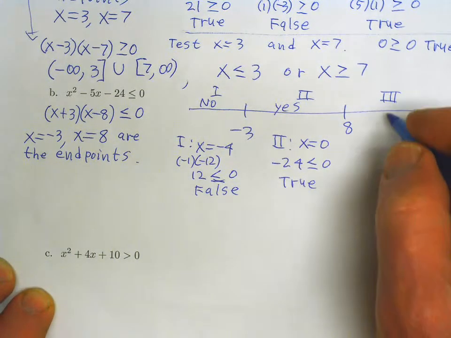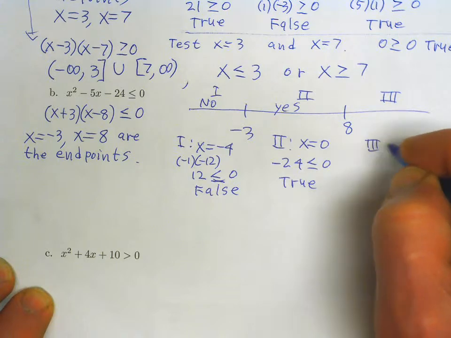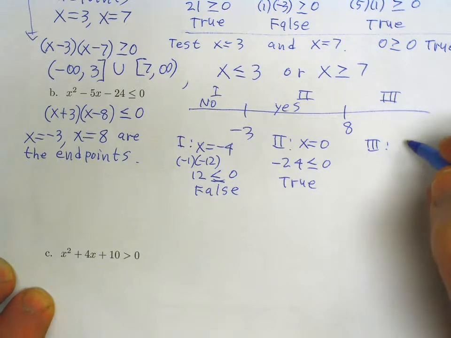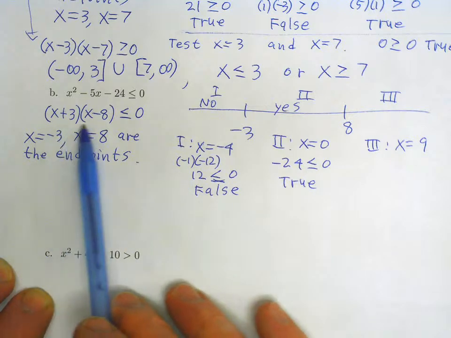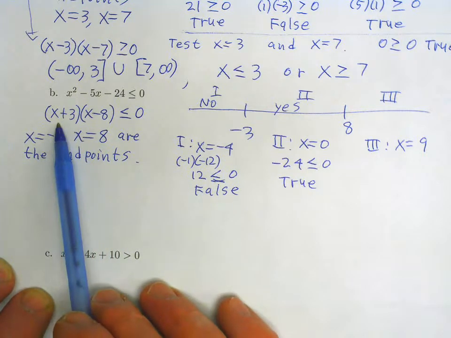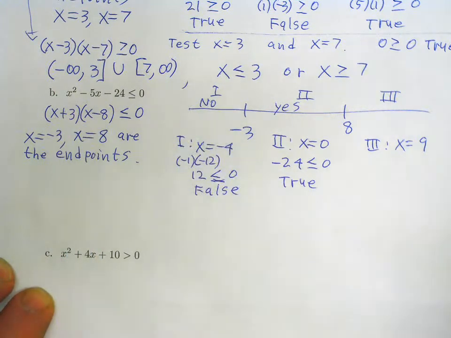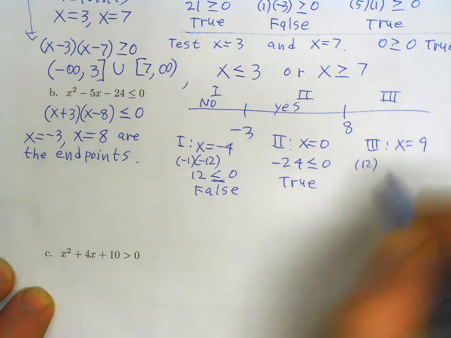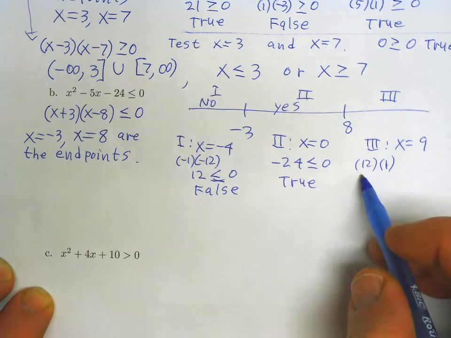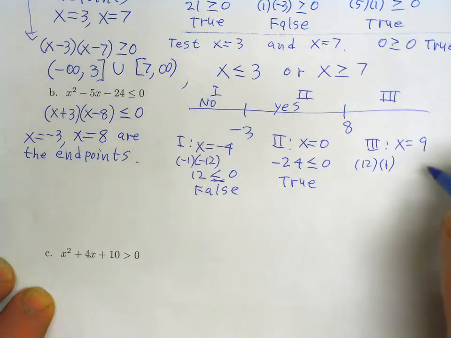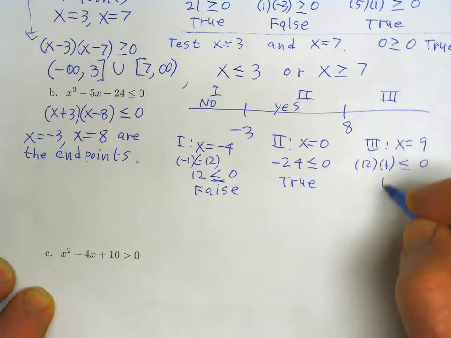And then finally, in the third interval, pick a number greater than 8. So we can pick 9. And then if we use the factored form, 9 plus 3 is 12. 9 minus 8 is 1. Positive 12 times positive 1 less than or equal to 0 is false.